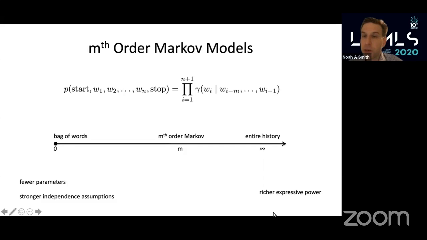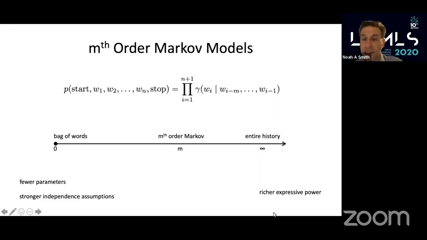The bag of words model is a 0th order Markov model because it doesn't condition words on any of the history. At the extreme end, as we go toward infinity, we get the entire history model that looks at the entire past all the way back to the start symbol. If we fix any value in between, call it M, we have an mth order Markov model. The first order Markov model is, of course, M equals 1. And the math on the slide shows you what the formula looks like for an arbitrary order Markov model.